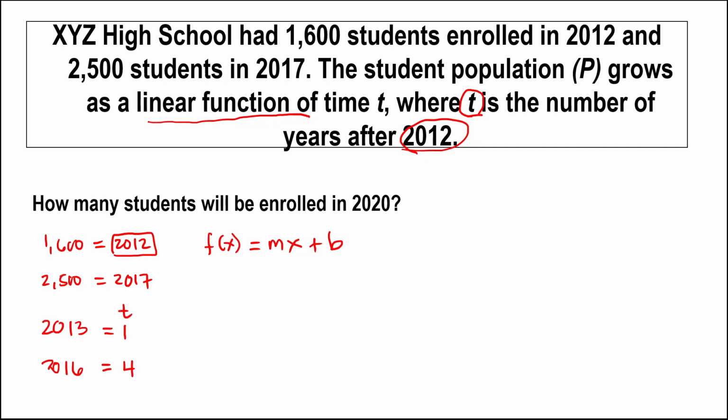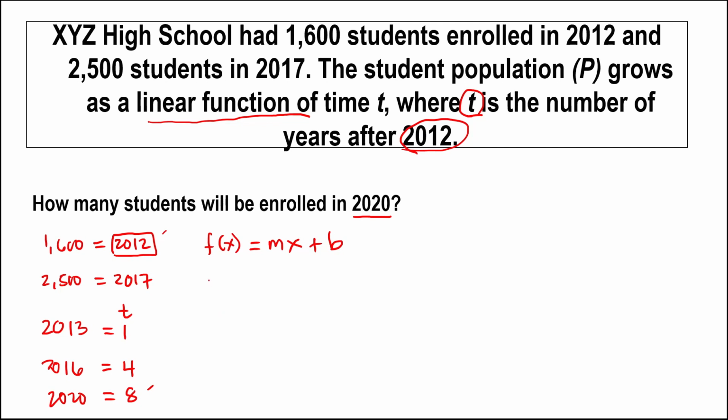So to solve now for the number of students enrolled in 2020, because in 2020 the time is equal to 8, so we have 8 plus 2012, that's 2020.